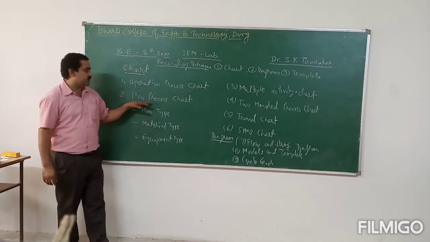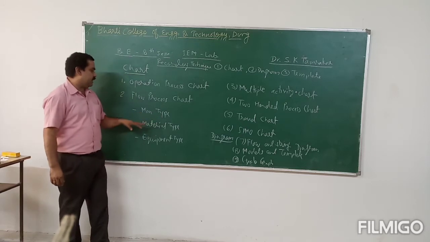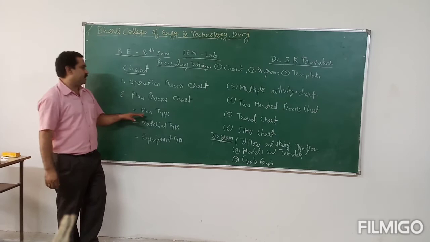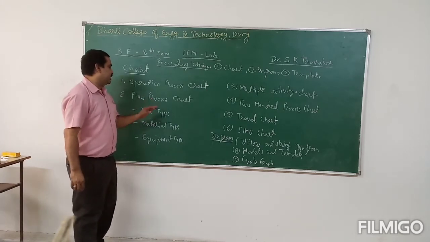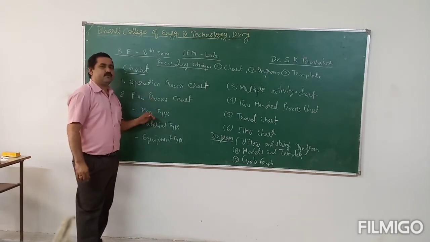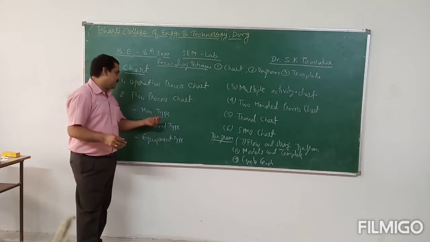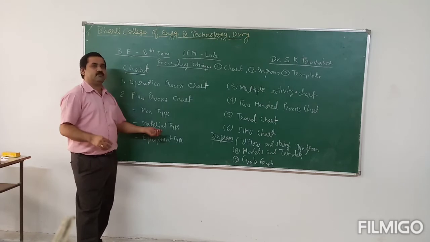This can be man type, material type and equipment type. Sometimes the flow process is of man type, where the different working of men has changed. Then next is material type.